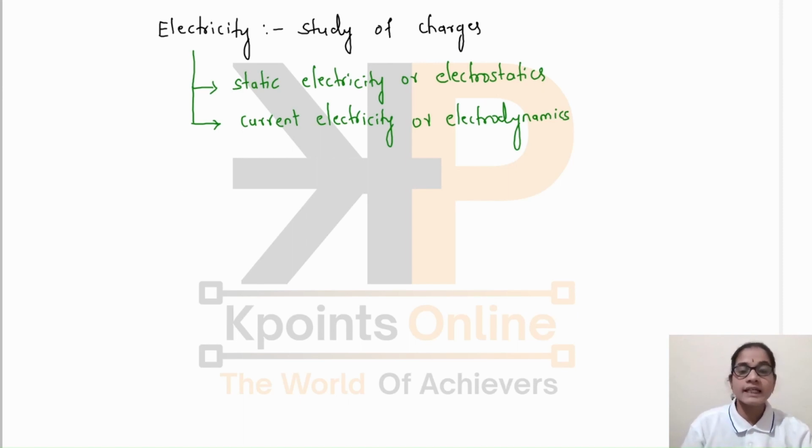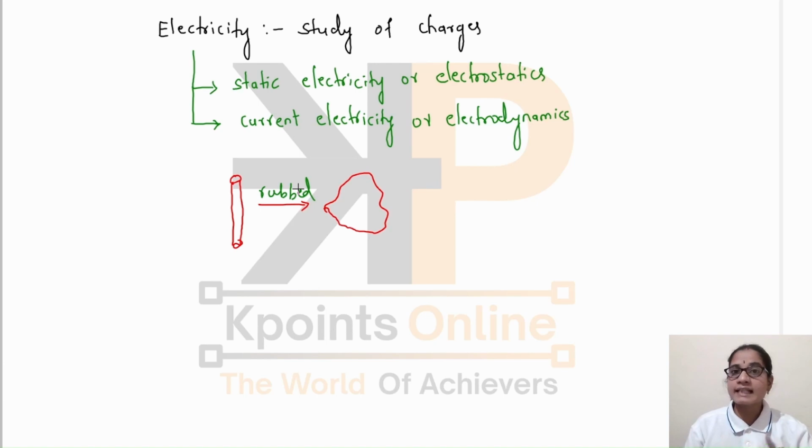He took a glass rod and rubbed that glass rod with a piece of silk cloth. He found that there is an existence of charges. At that time, electrons were still not discovered, but he found there is an existence of positive and negative charge.